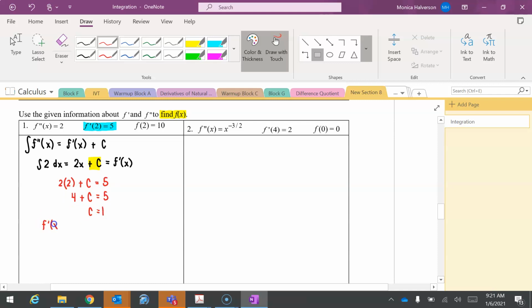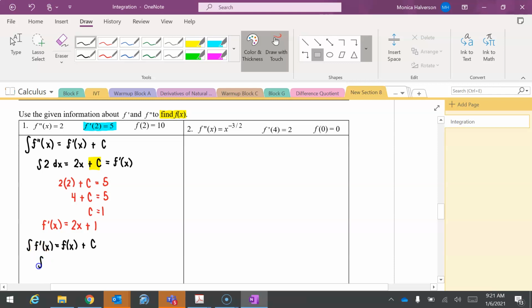So we can now say that the first derivative is equal to 2x plus 1 because we are given a known coordinate of the first derivative. We can plug in that x and y value to find c. So now we know the value of the first derivative. Well, if we take the antiderivative of the first derivative, we're going to get the original function plus c.